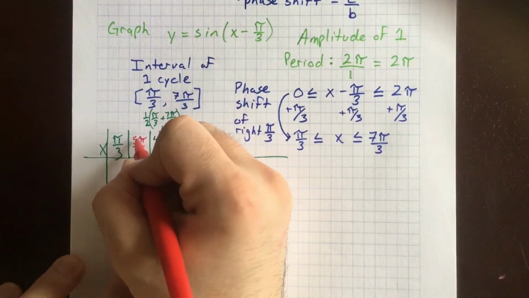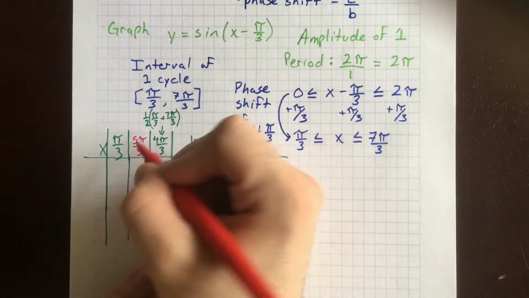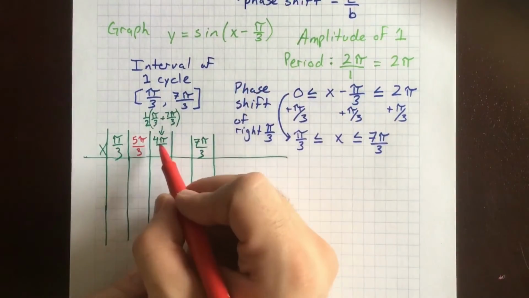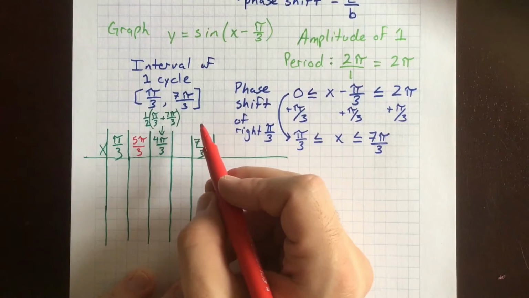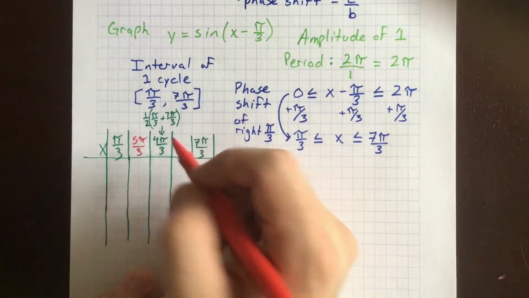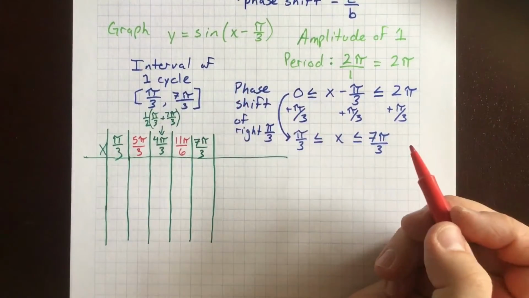Since I could not divide 5 by 2, we multiplied our denominator by 2. Let's see if that works here too. So 4 pi over 3 plus 7 pi over 3 is 11 pi over 3. Can't divide 11 by 2, so it's going to be 11 pi over 6.